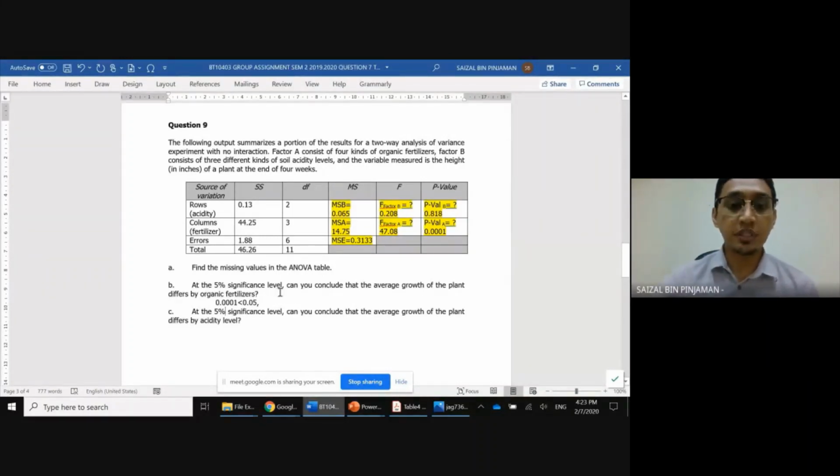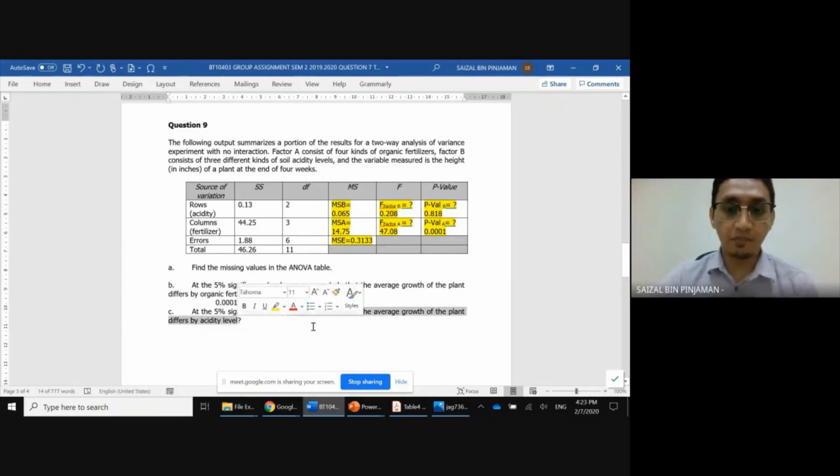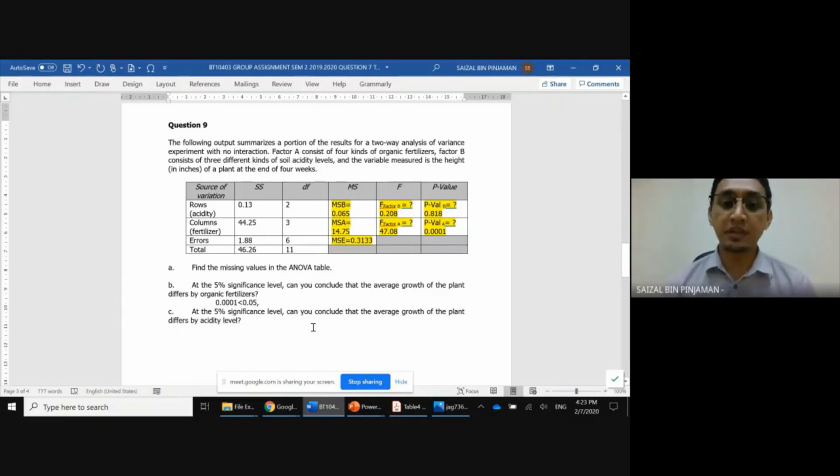For question C, on the other hand, our null hypothesis states that the average growth is not different based on the acidity level, while the alternative hypothesis states that the average growth of the plant differs. Differs means they are not equal, remember. So the alternative hypothesis states that the average growth of the plant differs by the acidity level.